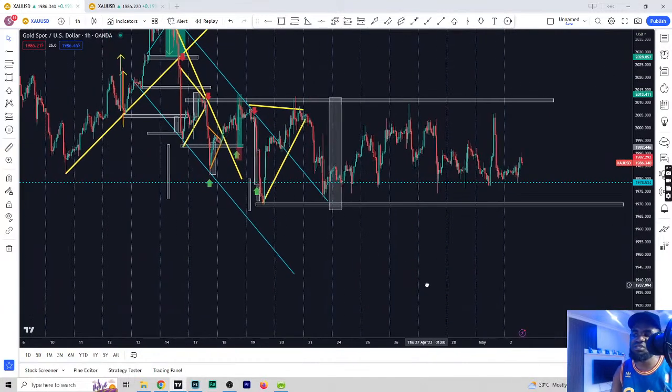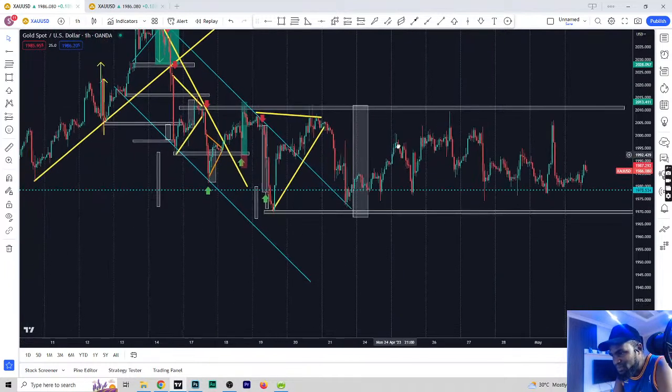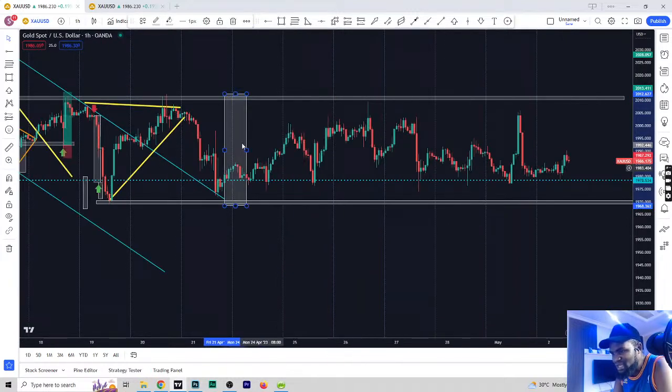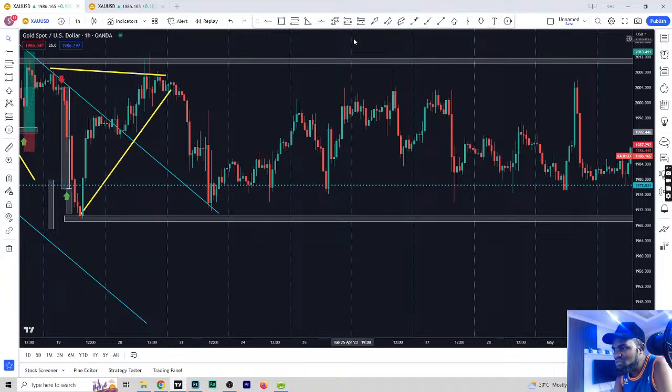Remember, the market was changing trend, and after changing trend we are on a downtrend, and the market is now forming a range, and on ranging they need to manipulate, and on those ranges you need to find where the manipulation was happening. So on this area the market was coming to this level, and then the market was buying from this level, and after buying from this level we have a very clear wedge pattern, consolidation in the form of a wedge pattern.